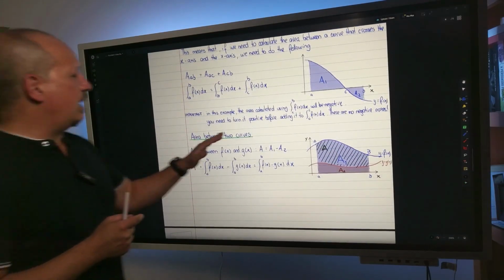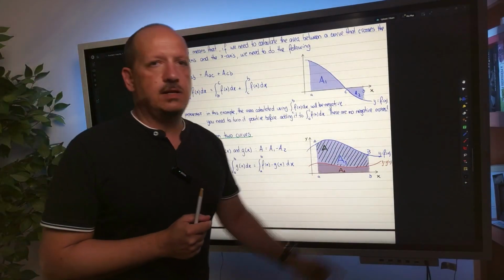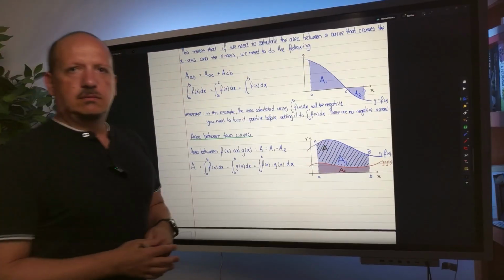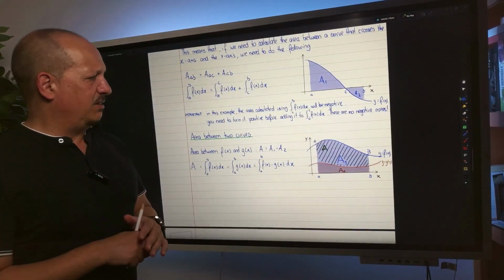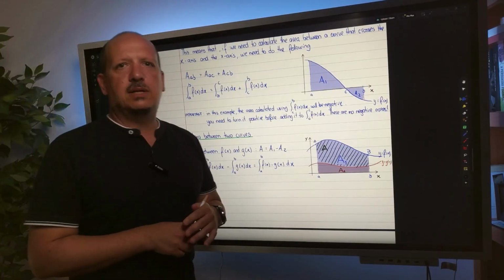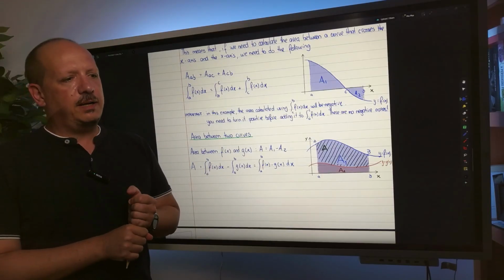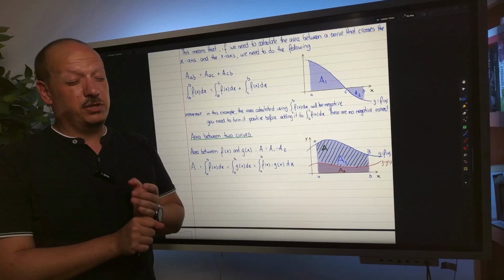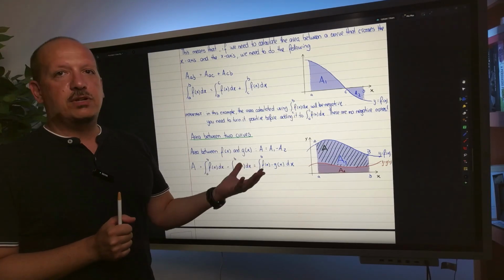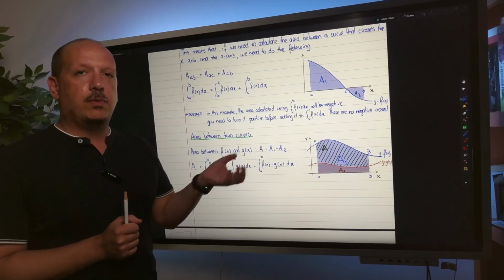What if you want the area between two curves? Let's say you have this function in blue and this function in orange, and you just want this bit in green. I think you already dealt with something similar last year, not in coordinate geometry but in a chapter about trigonometry, where you calculated areas by subtracting a smaller area from a bigger one.